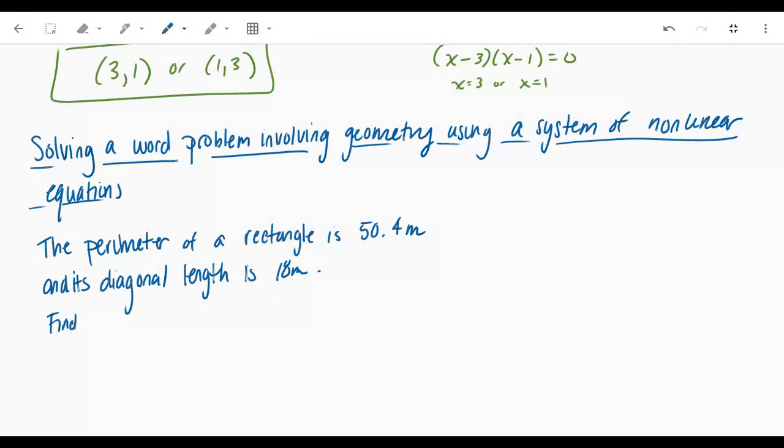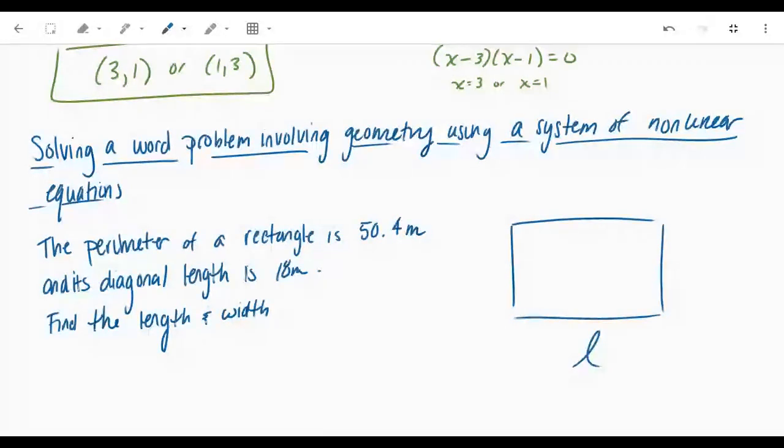Find the length and width. Okay, so let's draw a little picture here. We got a rectangle. There's your length, and there's your width, and then there's your diagonal, which we know is 18.